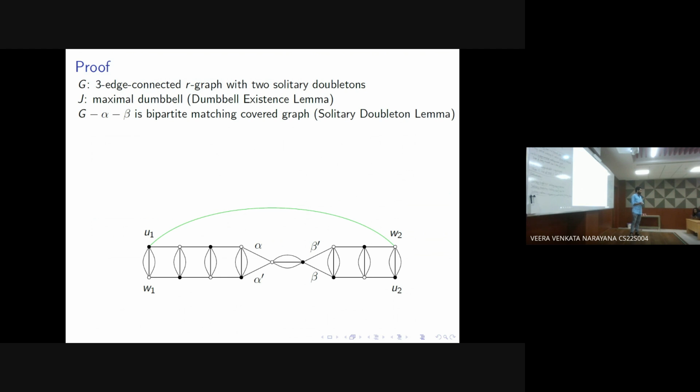are we done? We want to show that a graph looks like this. And suppose there is an edge like this, our graph is phi regular. Every vertex in this graph other than W1 and U2 is saturated.